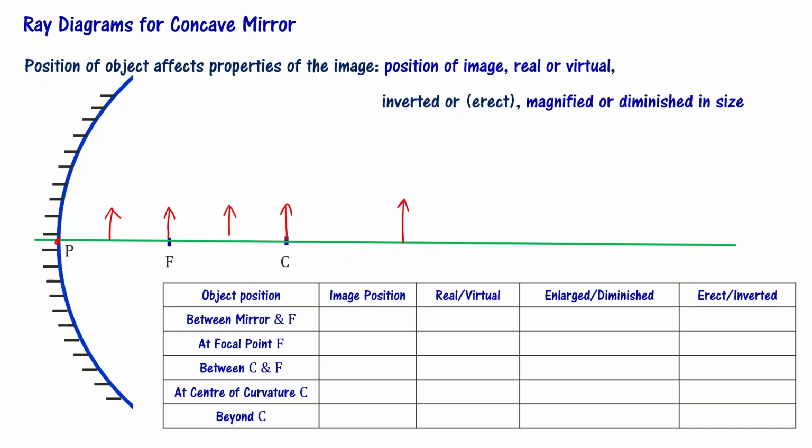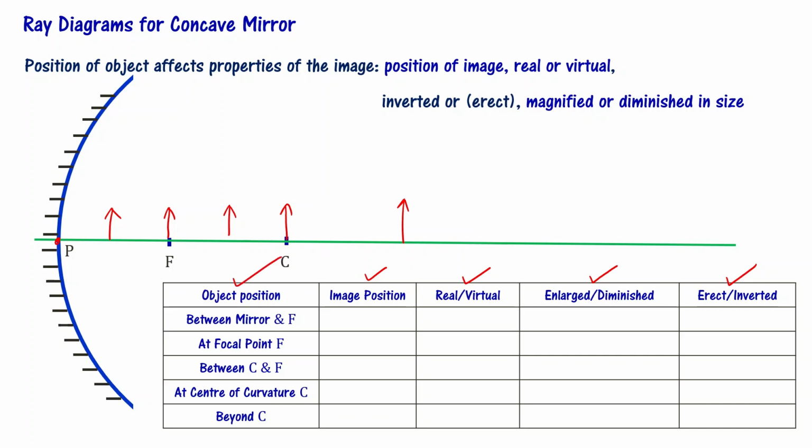We are going to learn now how it affects the image position, and whether the image is going to be real or virtual, enlarged or diminished, erect or inverted. We are going to learn all this by drawing ray diagrams for the objects at these different positions.